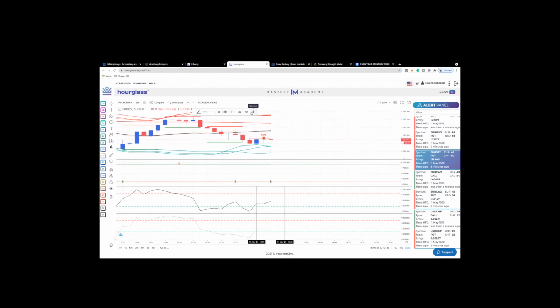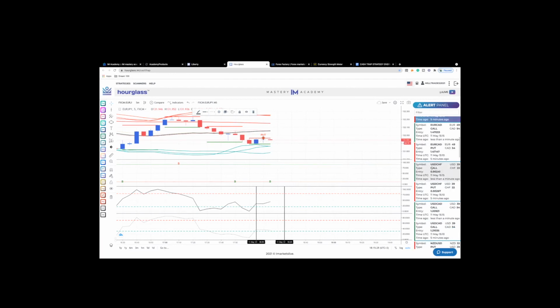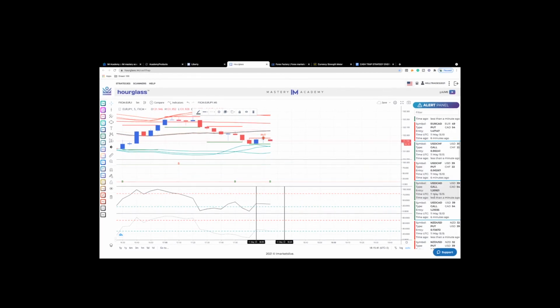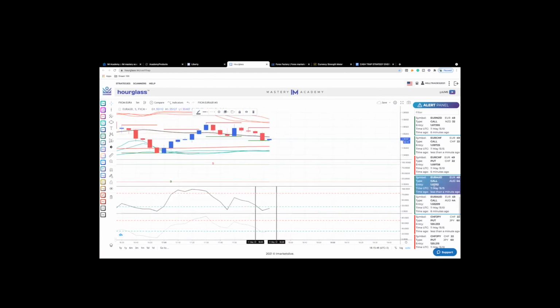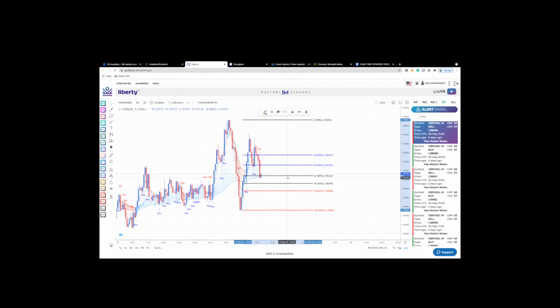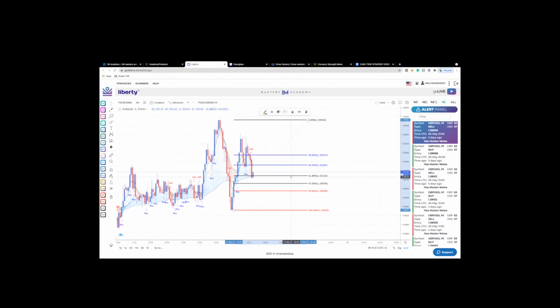I think I might have missed Euro JPY. Oh, yeah, Euro AUD is bouncing now. Did you guys get that price for 61 retracement?